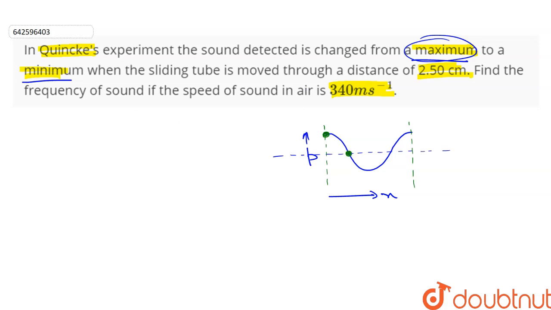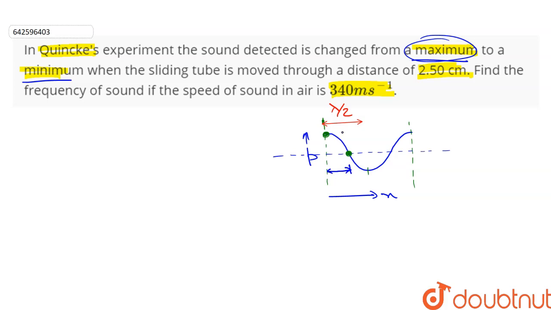So we know that the difference between two antinodes or two nodes, that is, if we have two antinodes, these are two antinodes, and the distance between them is equal to lambda by 2. Now instead of distance between two consecutive antinodes, we need to find the distance between antinode and a node.